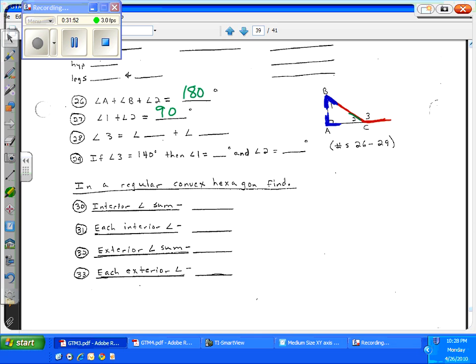Angle 2 would be the angle adjacent to it. Notice angle 2 and 3 are a linear pair. The one adjacent to it is a linear pair with it. The other two we call the remote interior angles. So the exterior angle, angle 3, is equal to the sum of its remote interior angles, angle A and angle B.